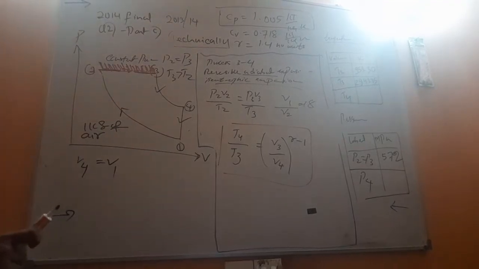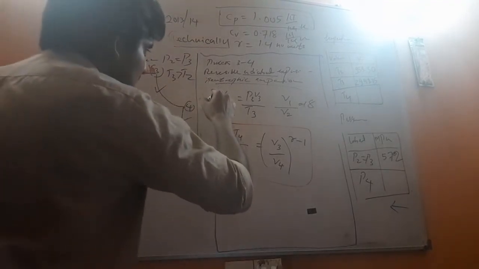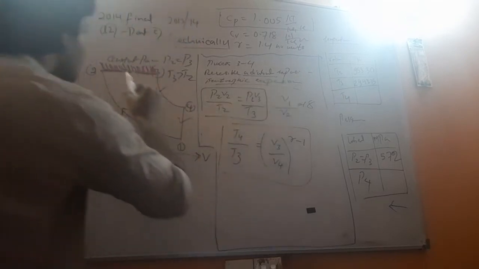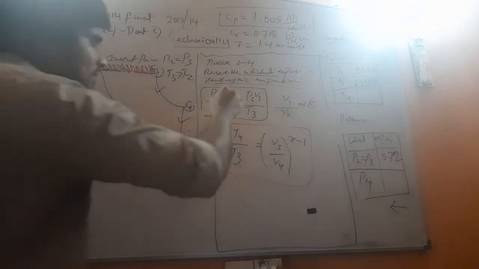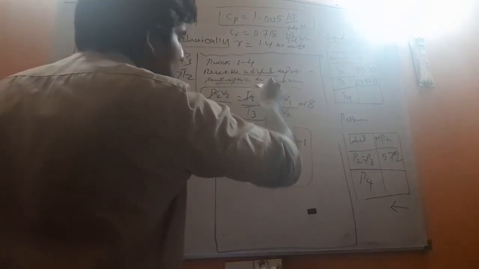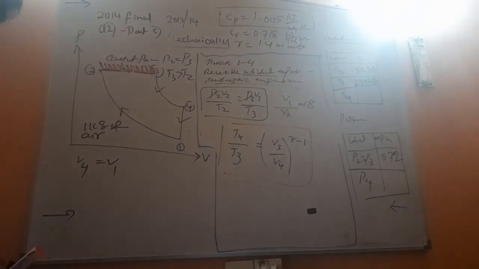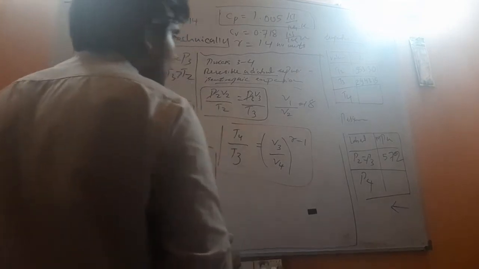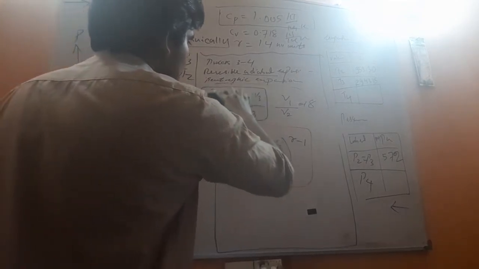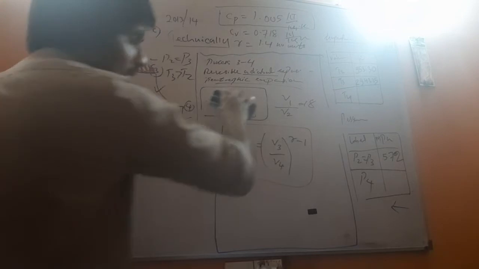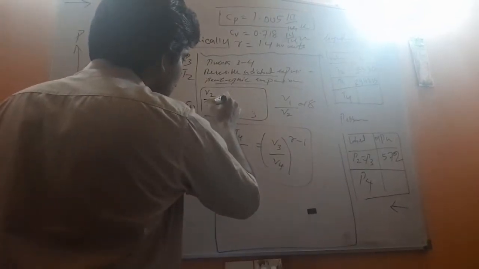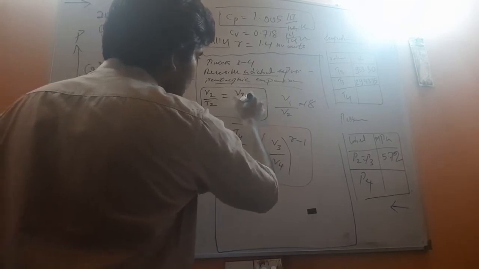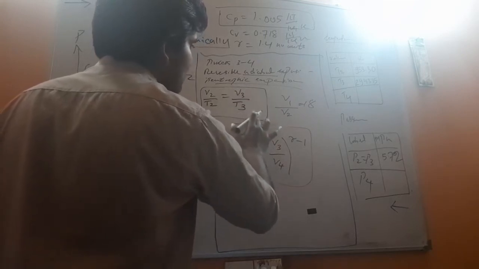And also we can use this relationship for the constant pressure heating process. You can cancel this P2 with this P3, because pressures are same. So you can rewrite this equation like V2 divided by T2 equals V3 divided by T3.